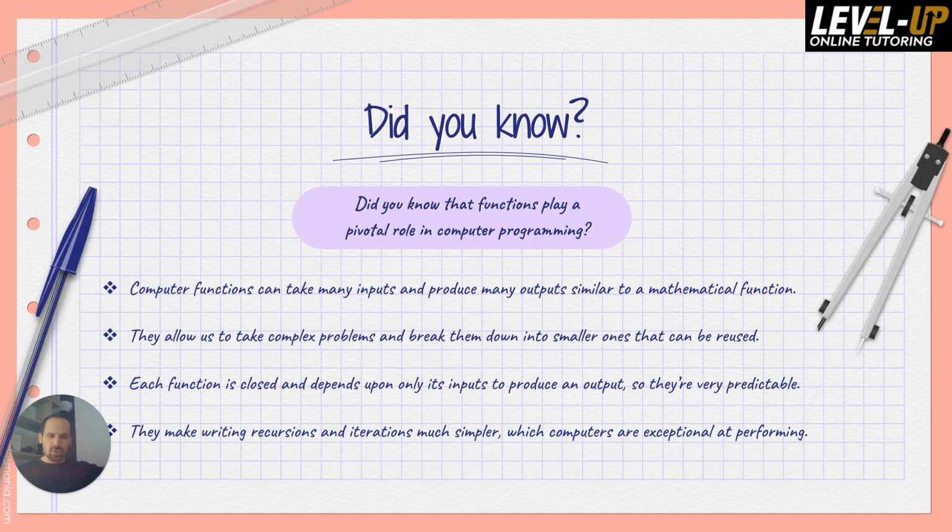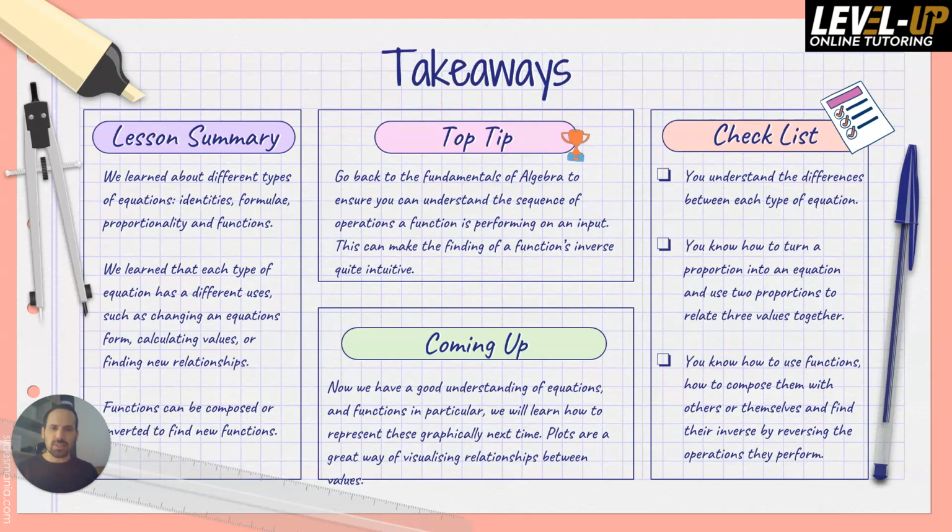That's basically when you're doing a function over and over again. We can do that very easily if we've got a function, and computers excel at doing that simple task over and over and over again. So functions play a pivotal role in computer programming if you're interested in that sort of thing. So here we go. Here are our takeaways for today's lesson.